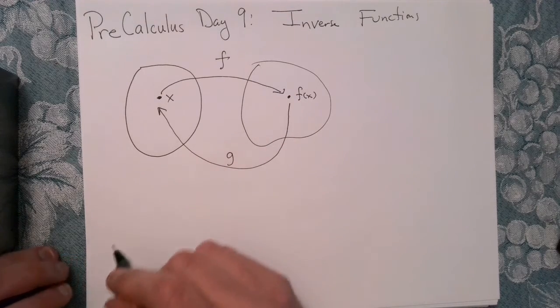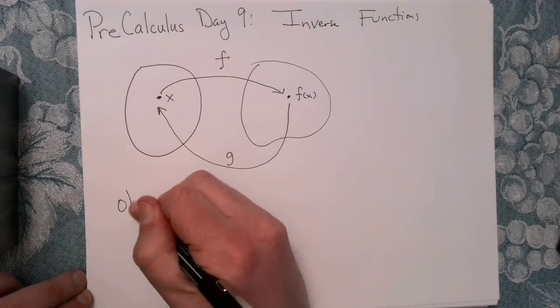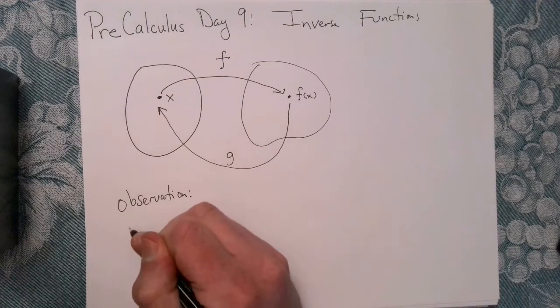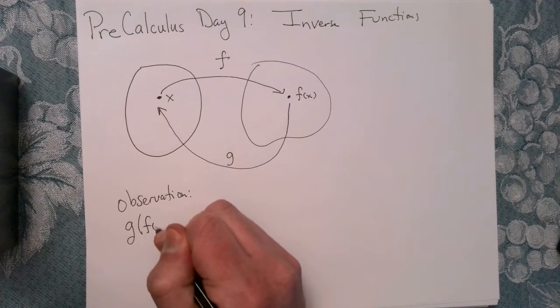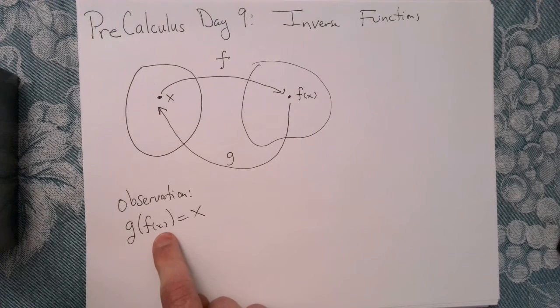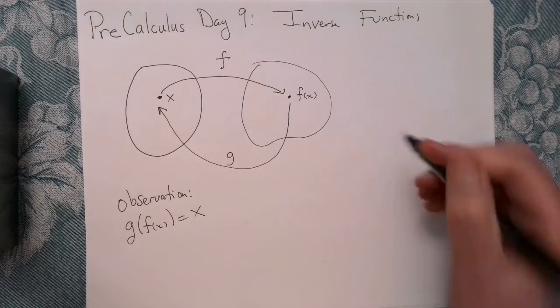And so the observation I want to make right now is the following. g of f of x is equal to x. Now, if that happens for all x's in the domain of f, then we would say that g is the inverse of f, sort of the reversing function. Let's actually say that.